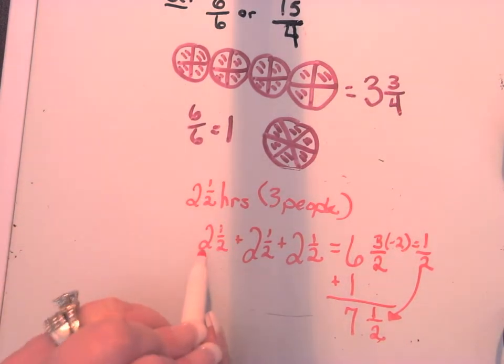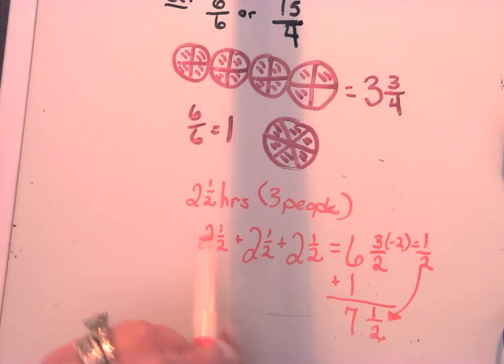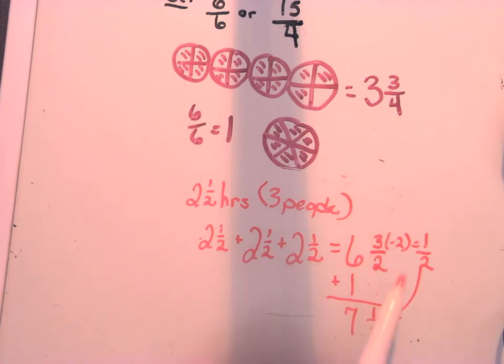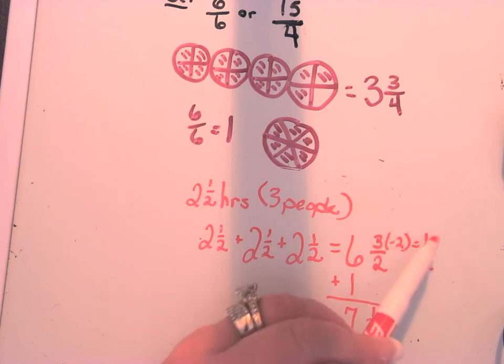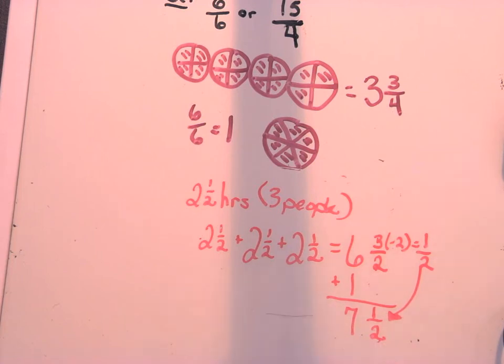Again, 2.5 for each person, 2, 4, 6, 1, 2, 3, so 3 halves. And then we can take a group of 2 out of there, 2 out of 2. So we take that 2 out of that 3, and we're left with 1/2, and that's where we get that 1/2 down on the bottom.